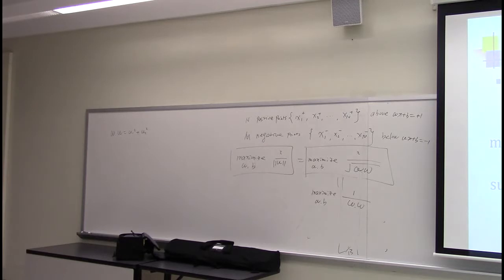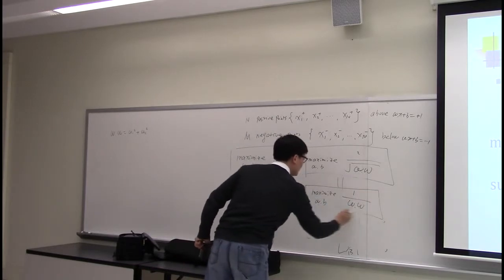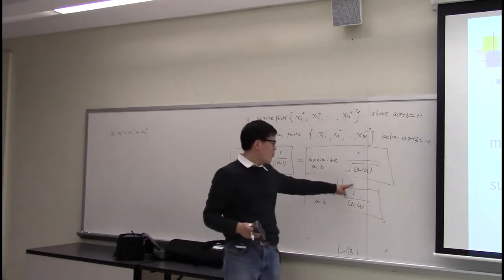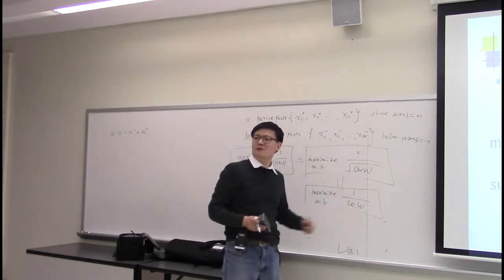You remove the square root, it's a monotonic function. It will not affect your optimal solution. So please write the notes. It's important, especially if you did not take any optimization course before. And then maximizing 1 over something is equivalent to minimizing the denominator.